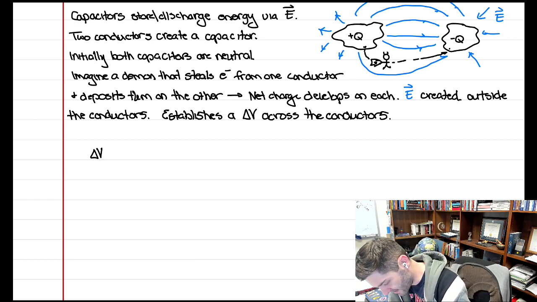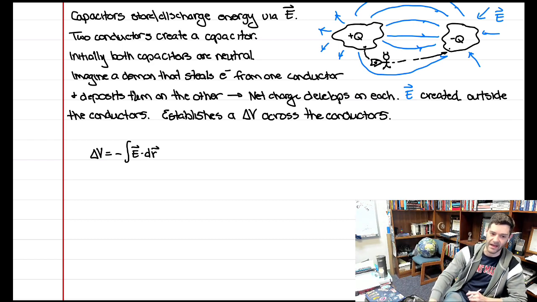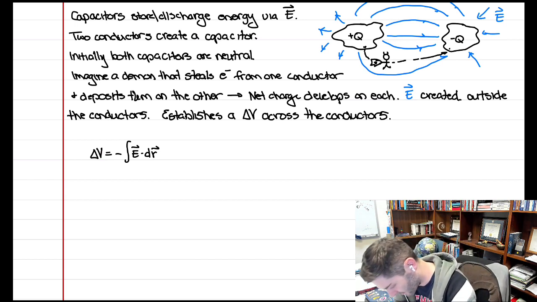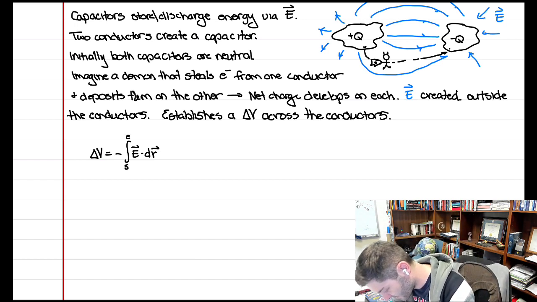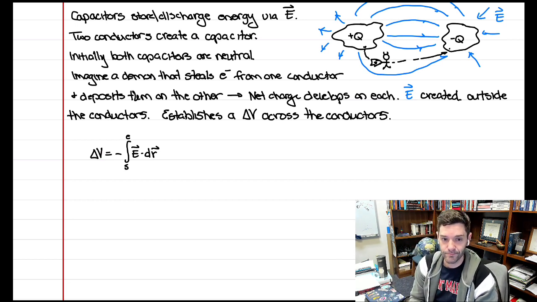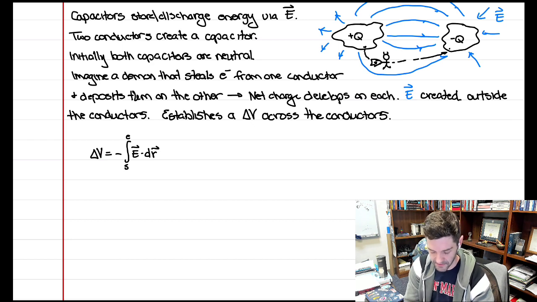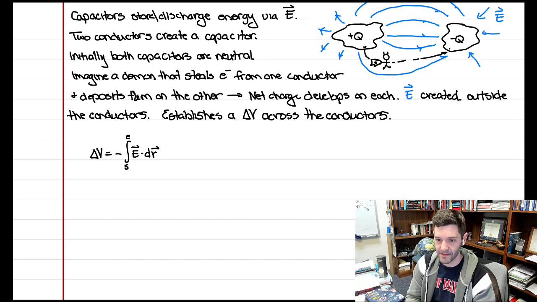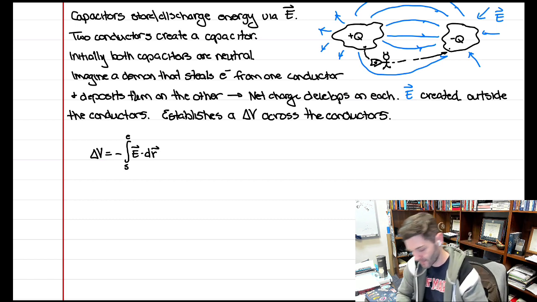And so this delta V, the general definition, remember, was negative the integral of the electric field dotted with dr, along some path that you take from some starting point to some end point. And I've also complained that I find it kind of sloppy that sometimes the delta is dropped, and we'll just talk about the voltage of an object, or the voltage, but really when they write voltage, they mean a potential difference, or a delta V.